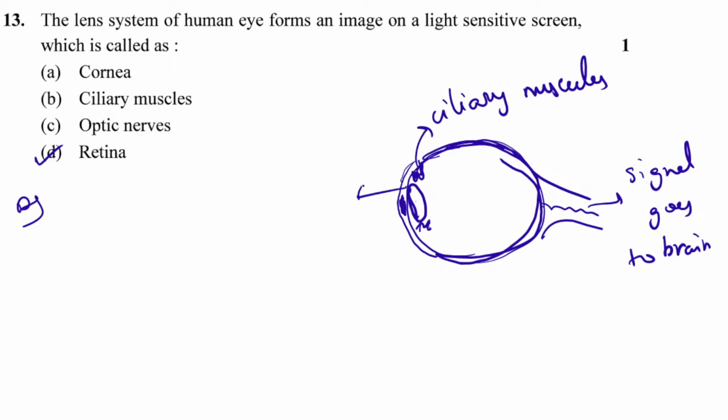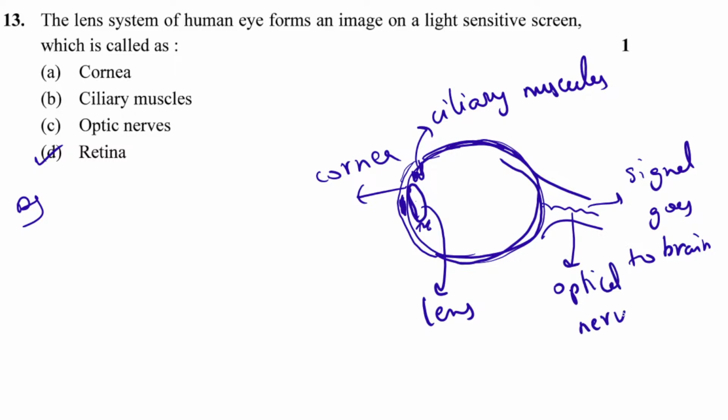This is the cornea, and this is the lens. Okay, and this one is the optical nerve. From the optical nerve the signal goes to the brain. Okay, let's see the next one.